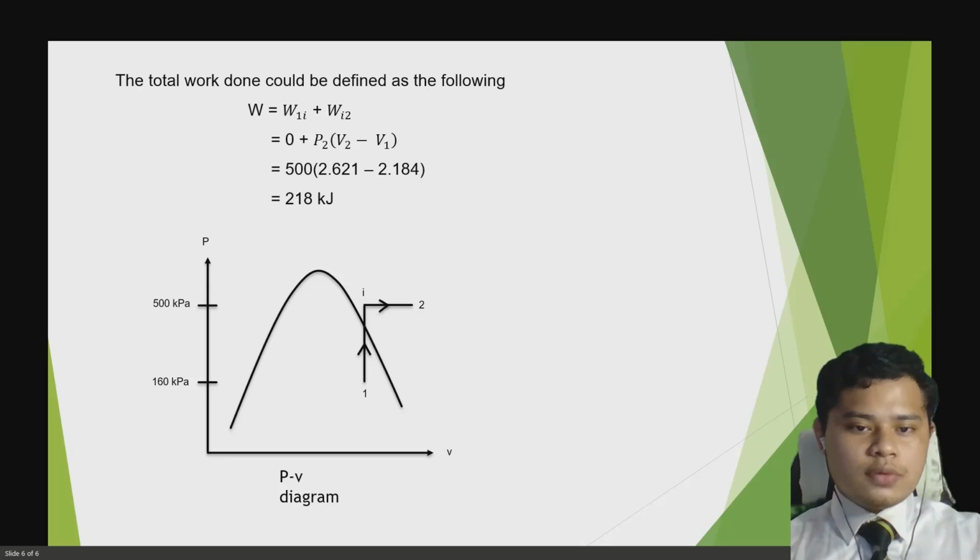As I told you before, the work from initial process to the intermediate process is equal to 0, because in the PV diagram we can see that V is constant, only a change in pressure, so there is no work, because work done is defined as when there is change in the volume.